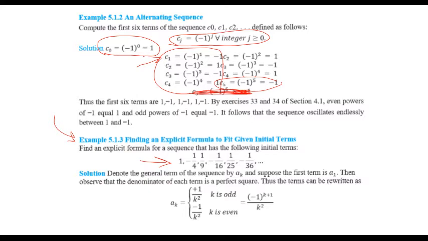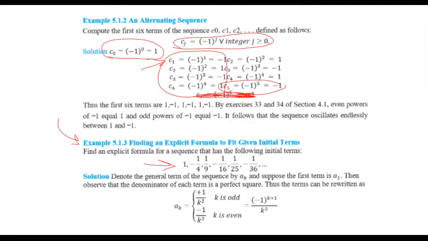So as you see, again, all the terms of this sequence which have an even index are negative, and all the terms of this sequence which have an odd index or odd subscript are positive. So again we have an alternating sequence very similar to the example 512 that we just saw.